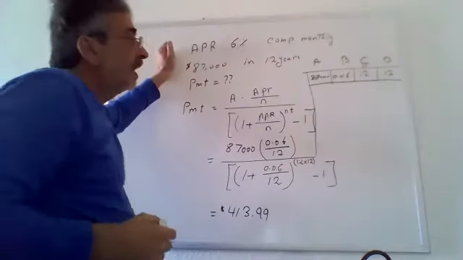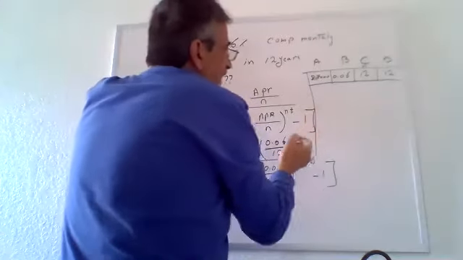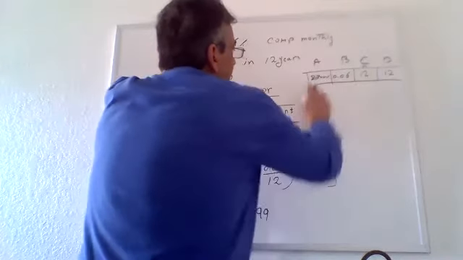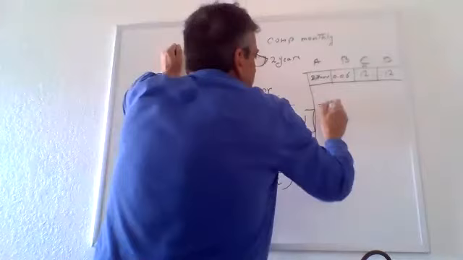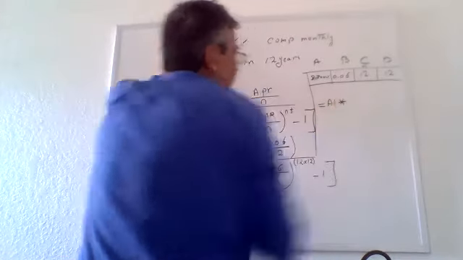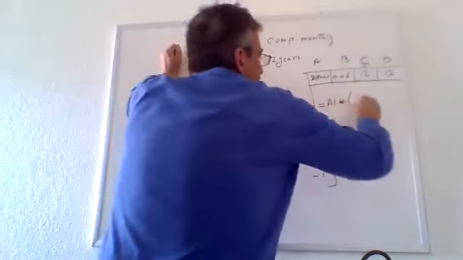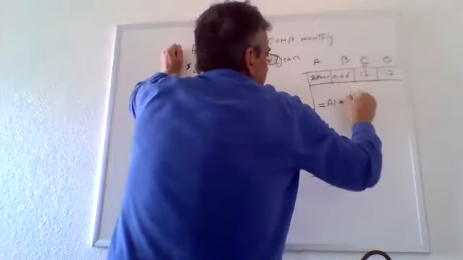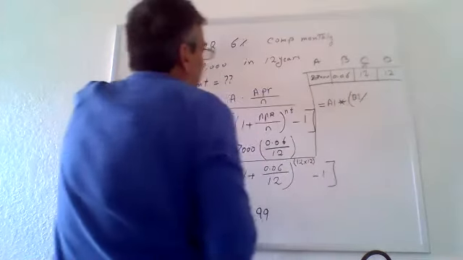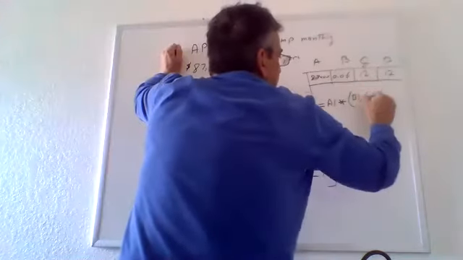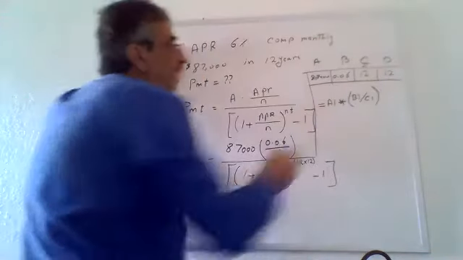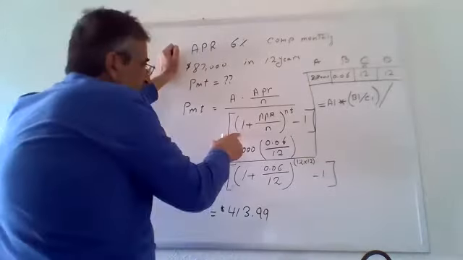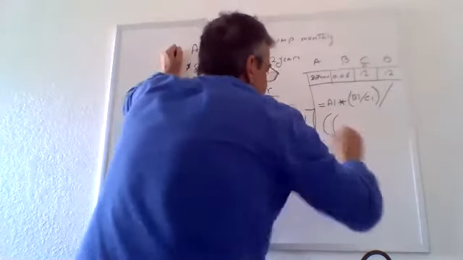You pick any Excel cell, you write equal, and then the payment, which is A1 asterisk, then parentheses, and the annual percent is B1 divided by N, which is C1, close parentheses. Then you put a division sign. Notice we have two parentheses, so I'm going to open two parentheses.